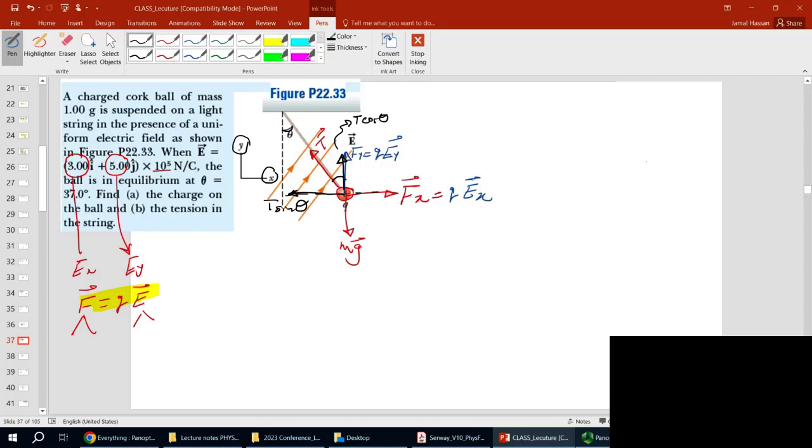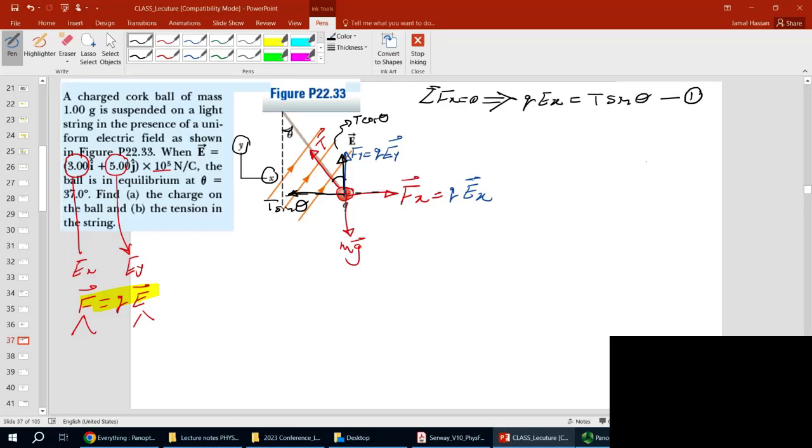According to the equation, the sum of Fx is equal to 0, because the ball is at equilibrium, so the x component of the force is equal to 0. This simply gives us QEx equal to T sine theta.